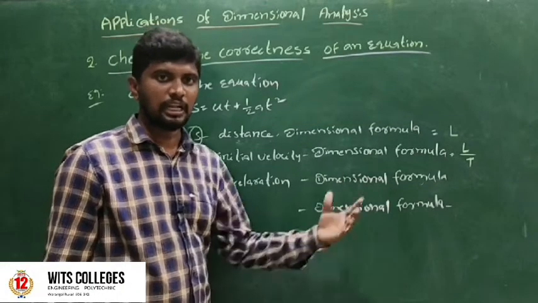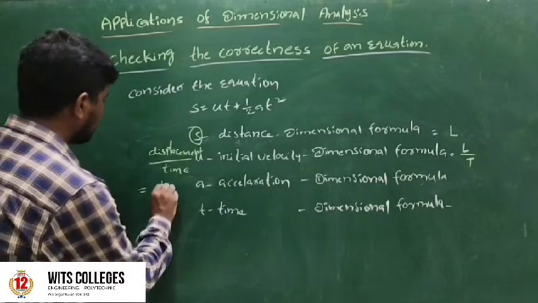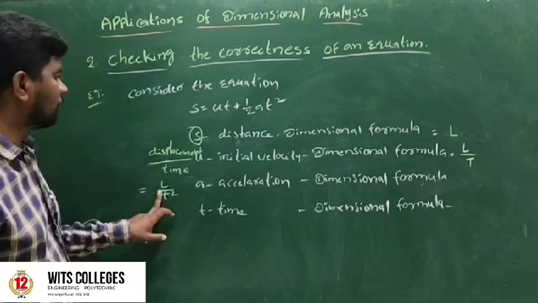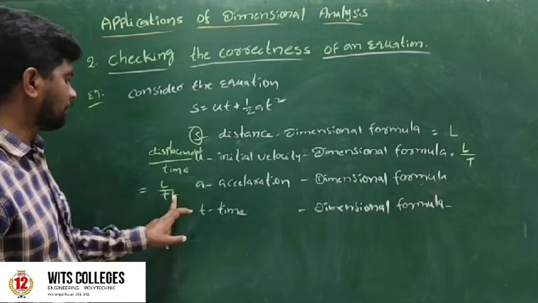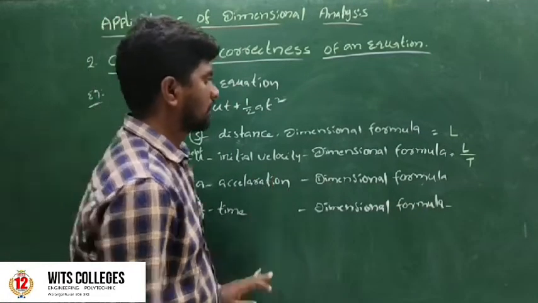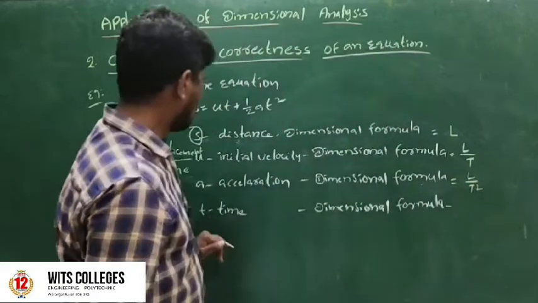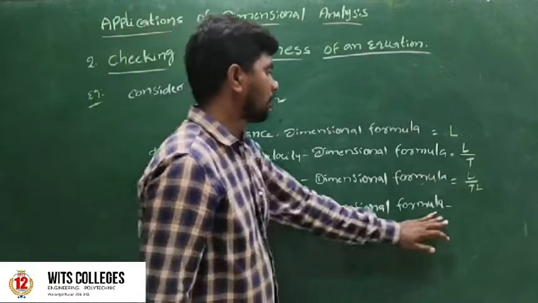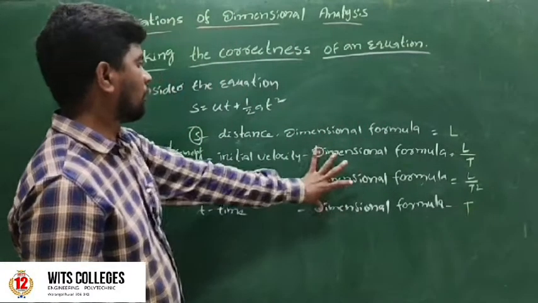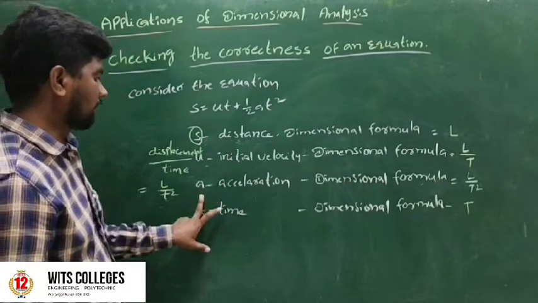So the formula of acceleration is L by T squared, and the dimension formula of acceleration is L T^-2. The last one is time, whose dimension formula is capital T. These are the dimension formulas of S, the distance, initial velocity, acceleration, and time.